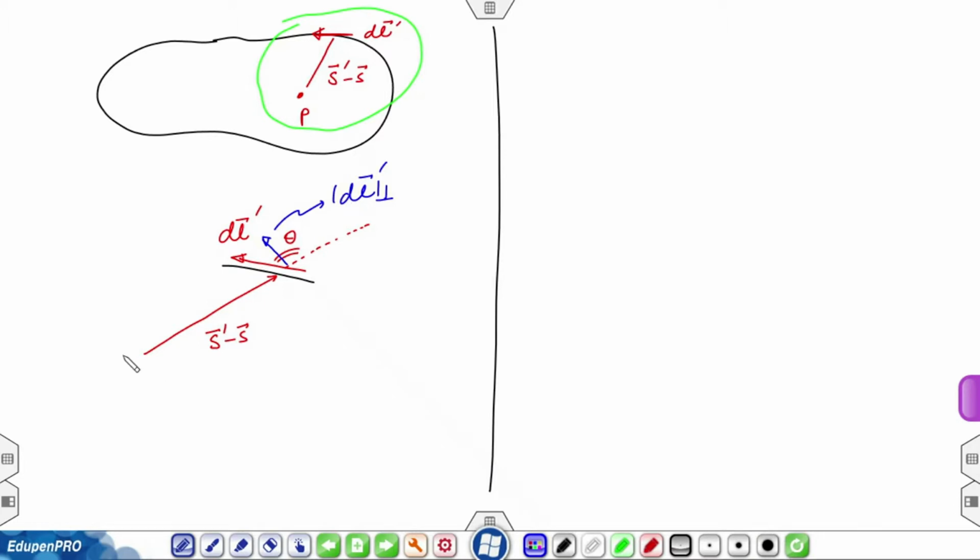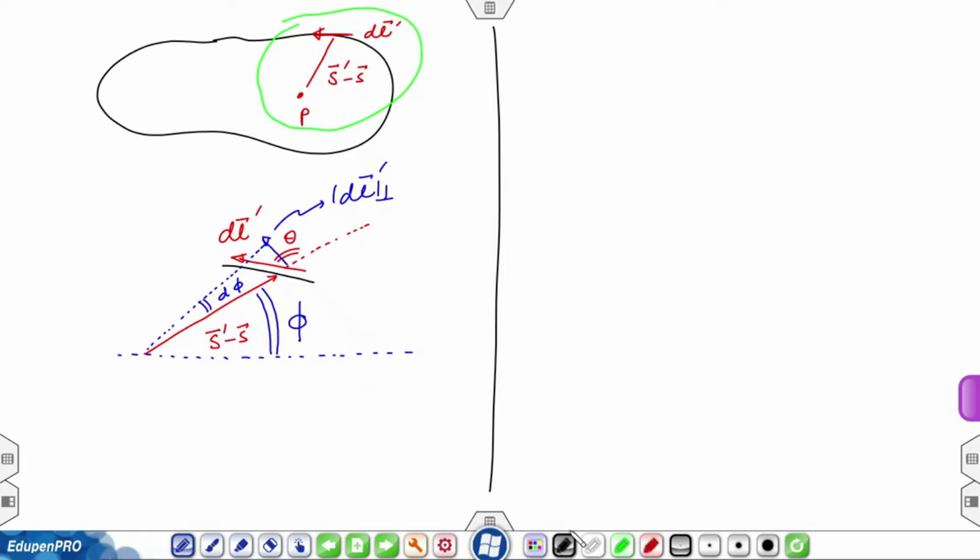Now, suppose the angle from S to this s prime minus s is phi, then this dL prime is d phi.